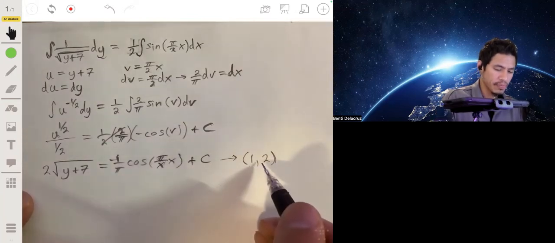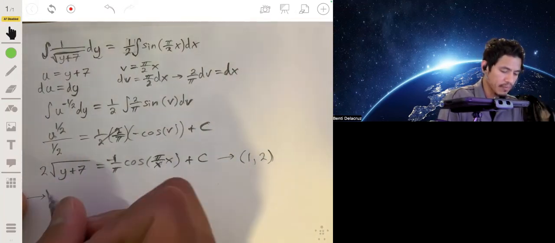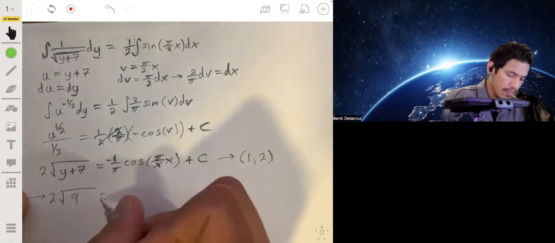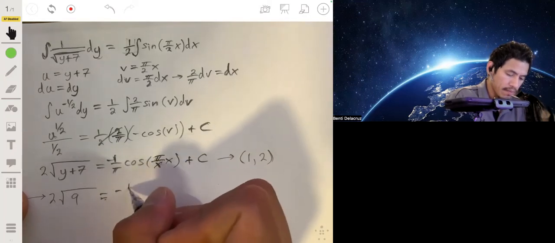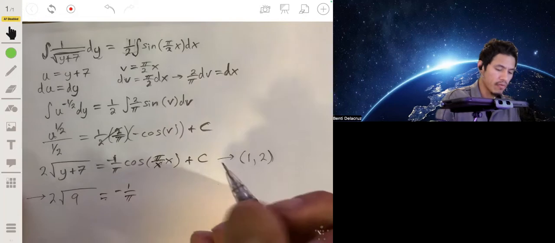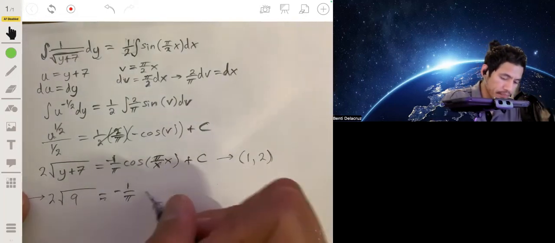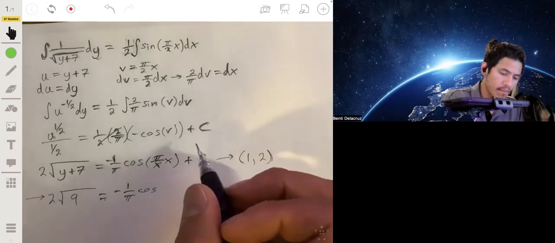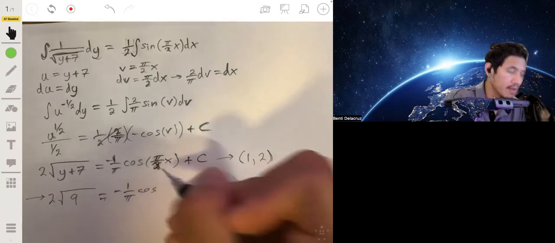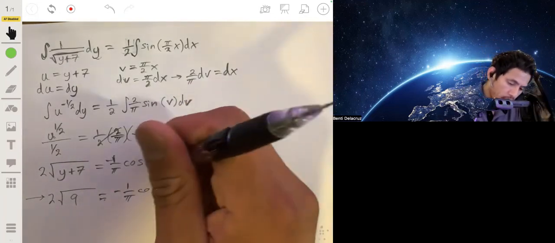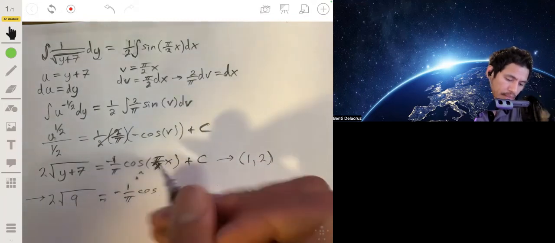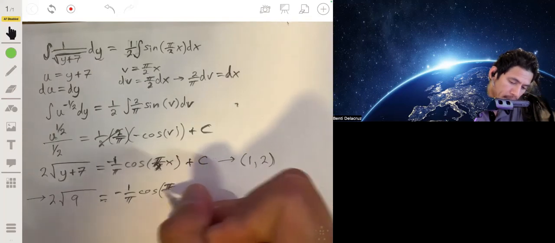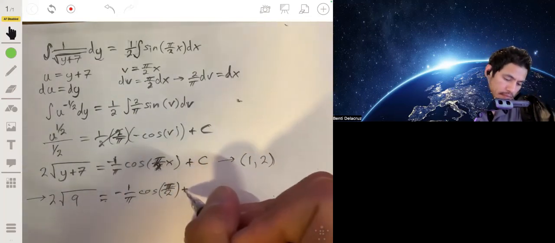So if we just plug the 2 in for y, we get 2 times the square root of 9 is equal to negative 1 over pi times the cosine of, and this should be a 2, whoops, I messed that up, times the cosine of 1/2 pi, because x is just 1, so it's just cosine of 1/2 pi plus c.